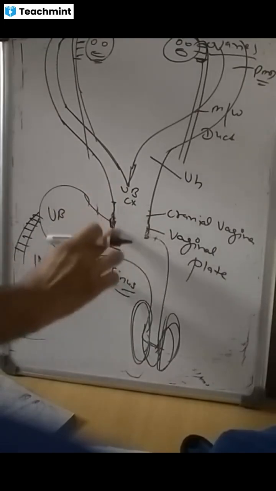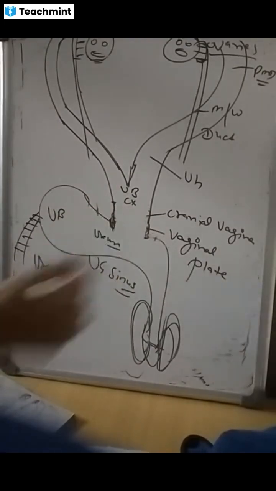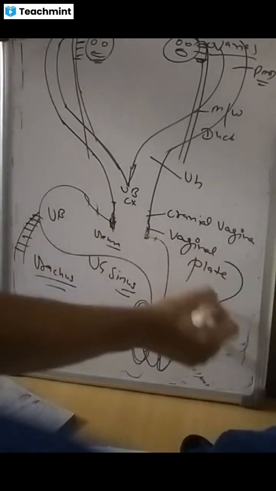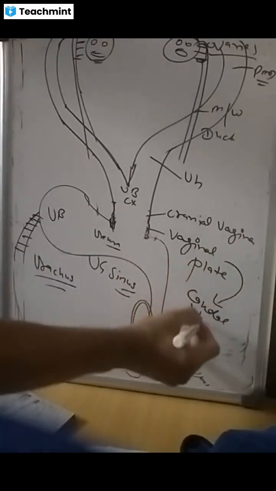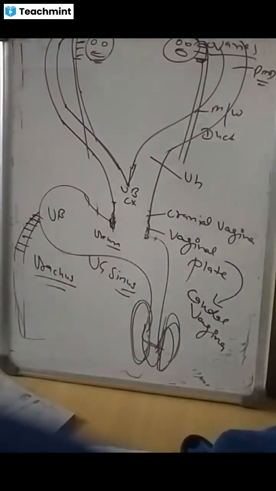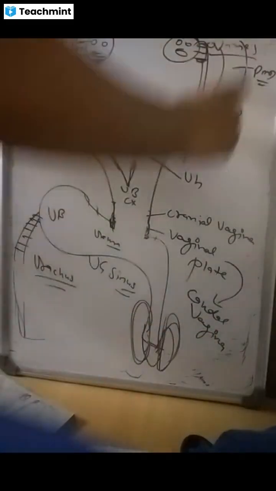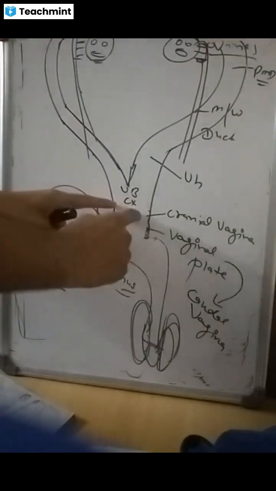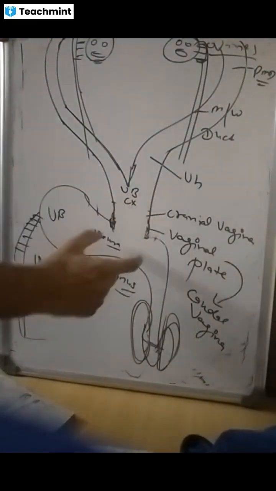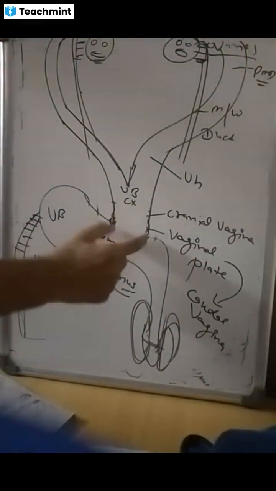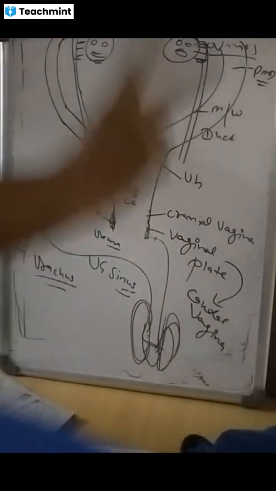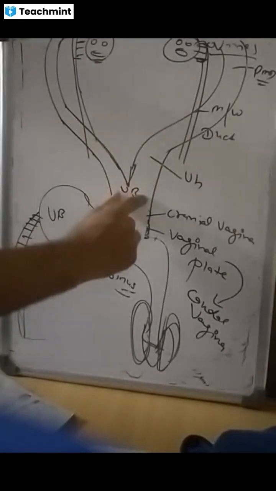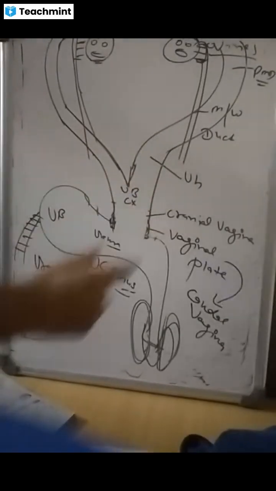It will open here. This will lead to formation of the caudal vagina, having double origin: one from the paramesonephric cranial vagina, and the distal vagina having origin from the sinus. So two origins, one from the paramesonephric duct, one from the sinus.